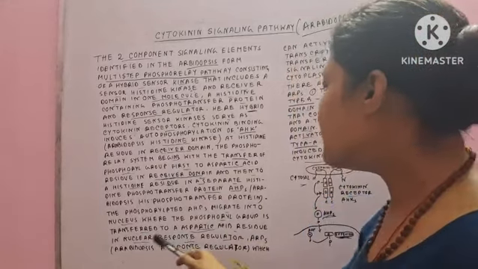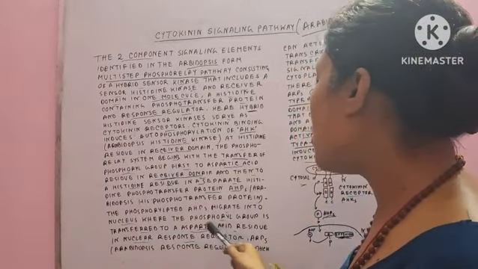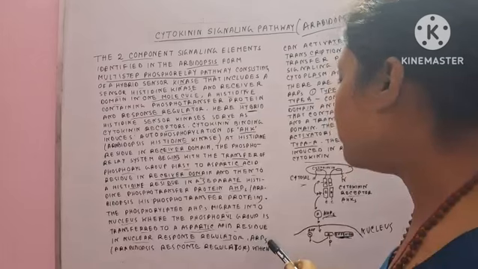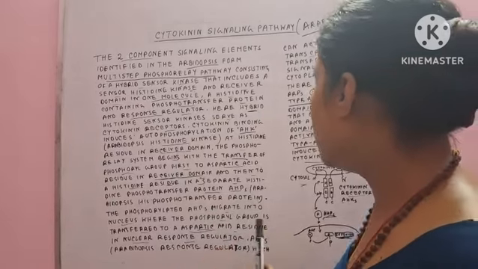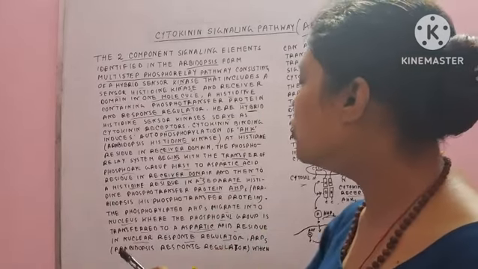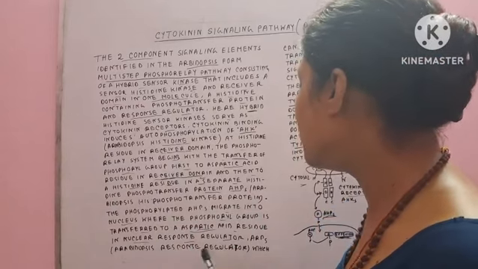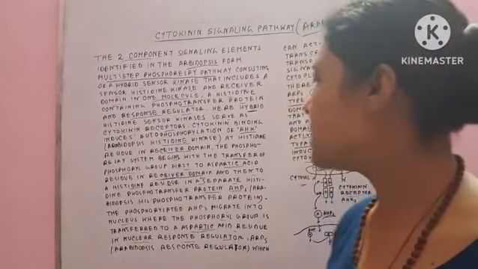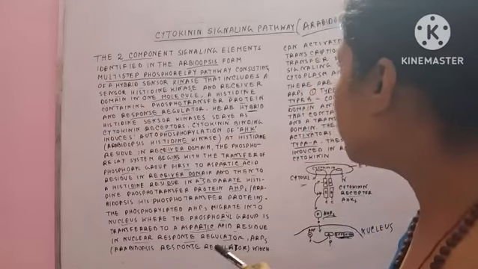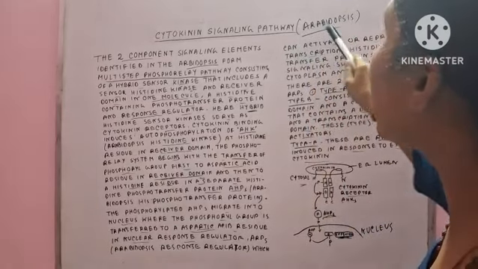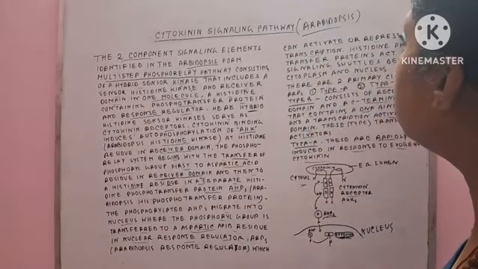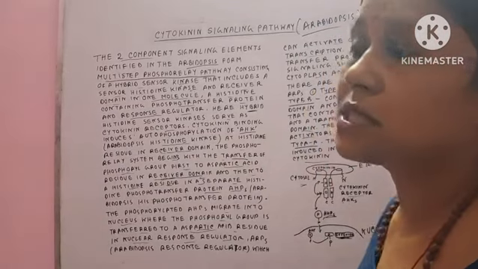Clear? This nuclear response regulator is called ARR in short form. The full form is Arabidopsis response regulator protein, which can activate or repress the transcription process.